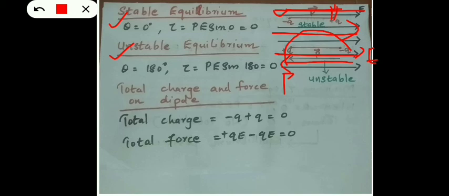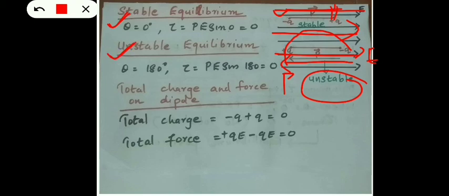That means it always tries to make an angle of 0 degree with the electric field. So for an unstable equilibrium position, it is anti-parallel to the electric field, but it does not like that position. It always likes to change that position and align with the same direction as the electric field. Okay, so this is the condition for stable equilibrium and unstable equilibrium of an electric dipole.